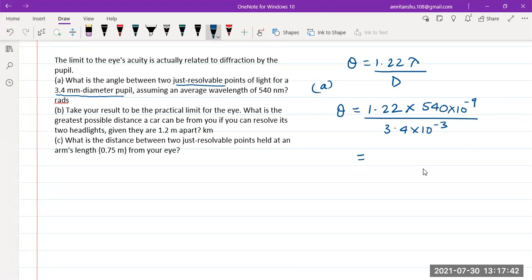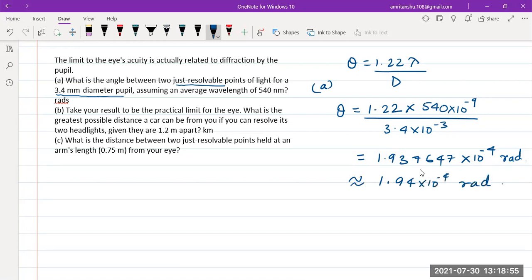So when I solve this, what do I get? I'm getting an answer over here, 1.93764 and so on, into 10 raised to minus 4, because this is theta, the unit will be radians. We can also approximate it to be 1.94 into 10 raised to minus 4 radians.